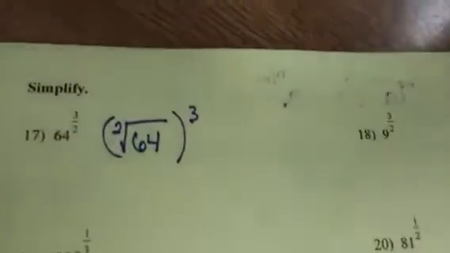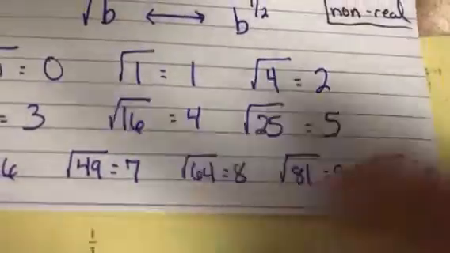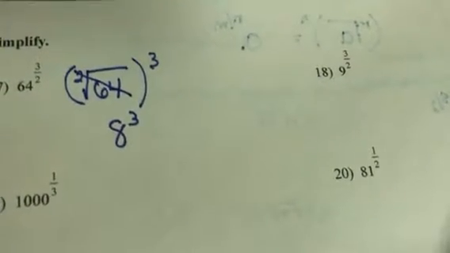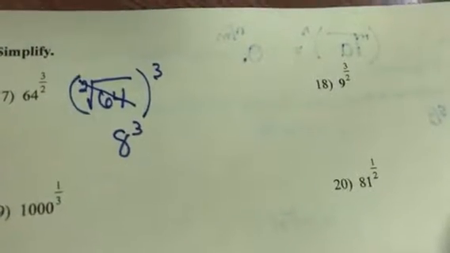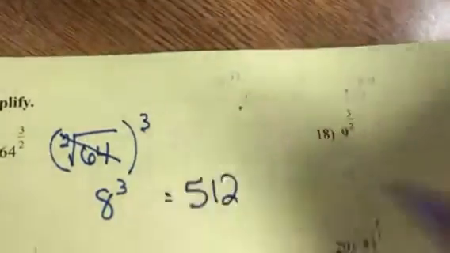I can look at my note card, or I can remember that the square root of 64 is 8. Okay, so this turns into 8. And then I probably need my calculator to do 8 to the 3rd power, so 8 times 8 times 8, or I could use the exponent button, but I'll see that 8 to the 3rd power. My final answer here is 512.